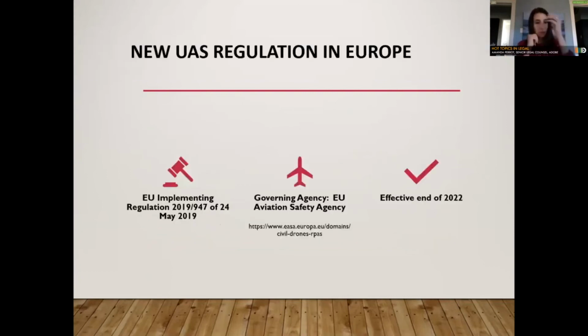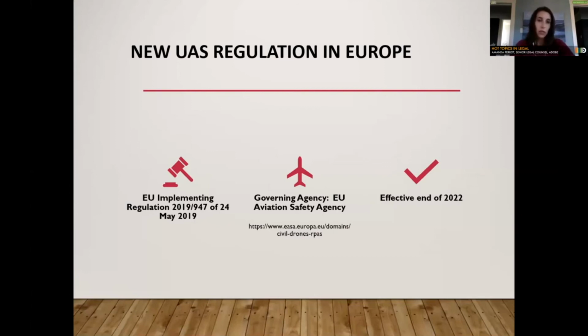Next slide, please. There is a new UAS regulation in Europe. UAS is how Europe refers to the unmanned aircraft system, which is how they refer to drones. It replaces most of the existing domestic provisions on UAS operators in the EU member states. It was implemented in May 2019, and the governing agency is the EU Aviation Safety Agency.